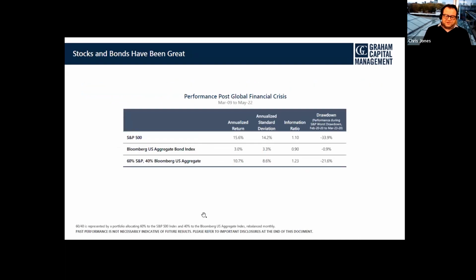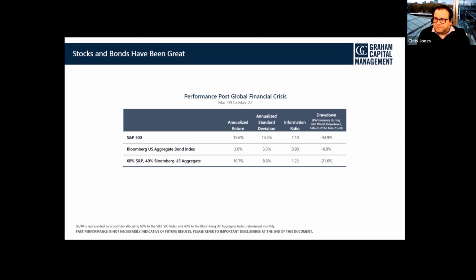So here I'm going to talk a little bit about what a great thing equities and bonds have been, and maybe how this dream scenario is now coming to an end. When we started doing this talk to the GIF, it was around May 22, and here are the results we had since March 09 until then.